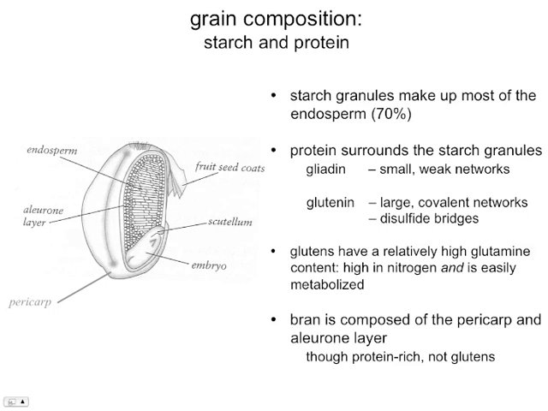Let's say that the gliadins result in the formation of small range, short range, weak networks, whereas the glutenins, which can be much larger molecules than the gliadins, are responsible for the formation of long range, intermolecular, that is to say, between different molecules, covalent networks. And we're going to see that this is all important in the development of bread texture.